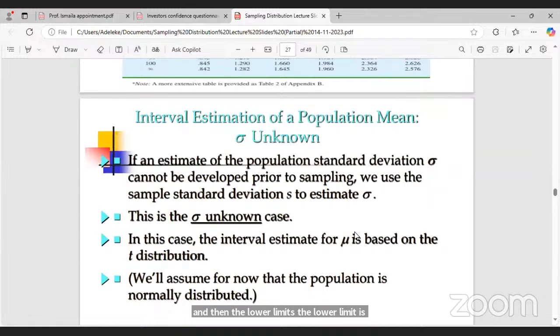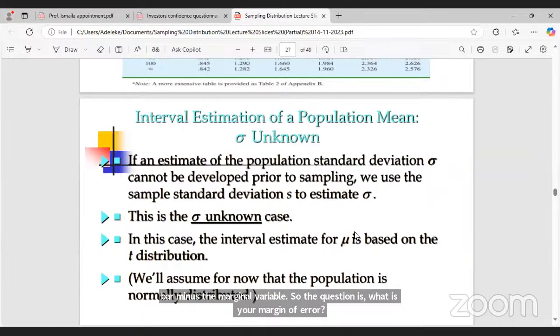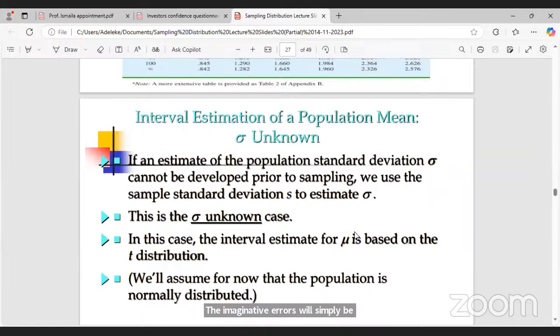So the question is, what is your margin of error? Your margin of error will simply be 1.96 times your standard error. So I've already proven to you that the plus or minus that you already had was taking care of the minus that you got from the table.